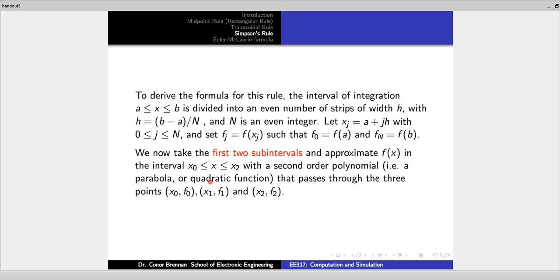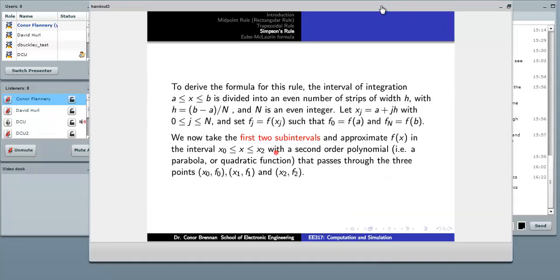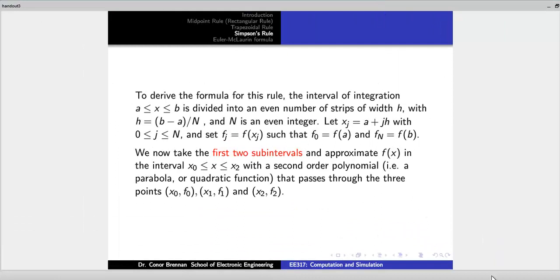What we're going to try and do is make a quadratic polynomial that passes through the points x0, f0, x1, f1, and x2, f2. From the previous case, we made a linear polynomial that passed through x0, f0, and x1, f1. That was the trapezoid rule. Now we're going to make a quadratic, a parabola, that will pass through this point, this point, and this point.